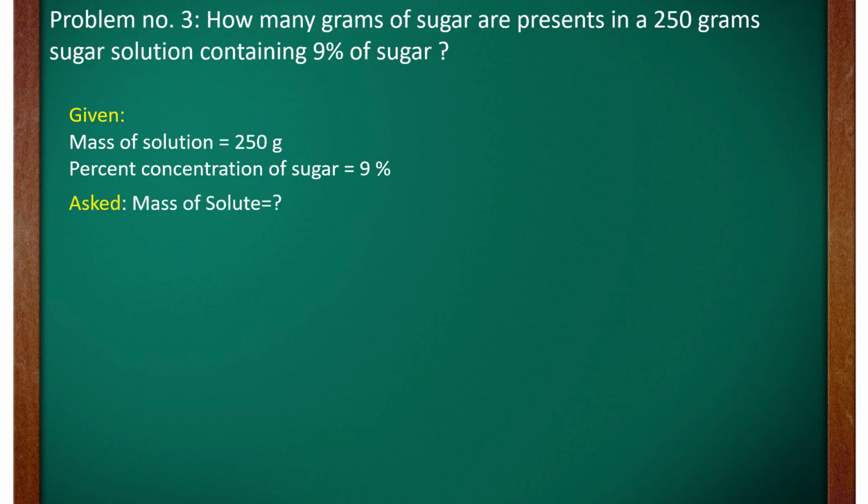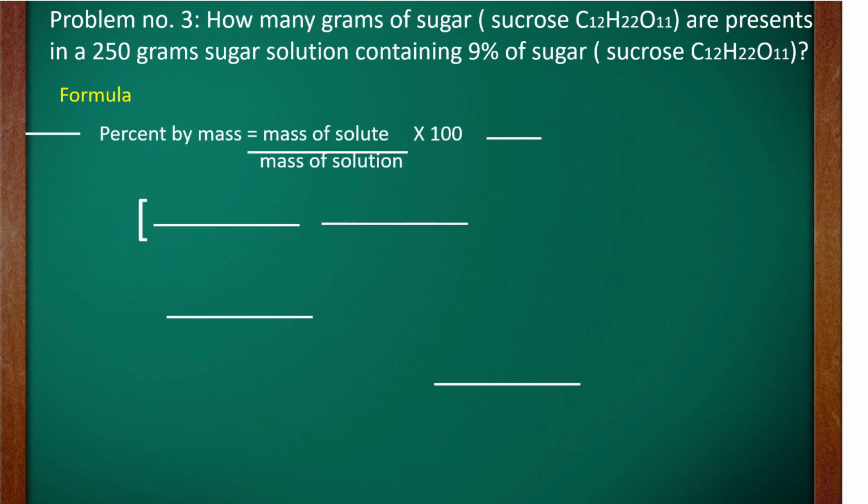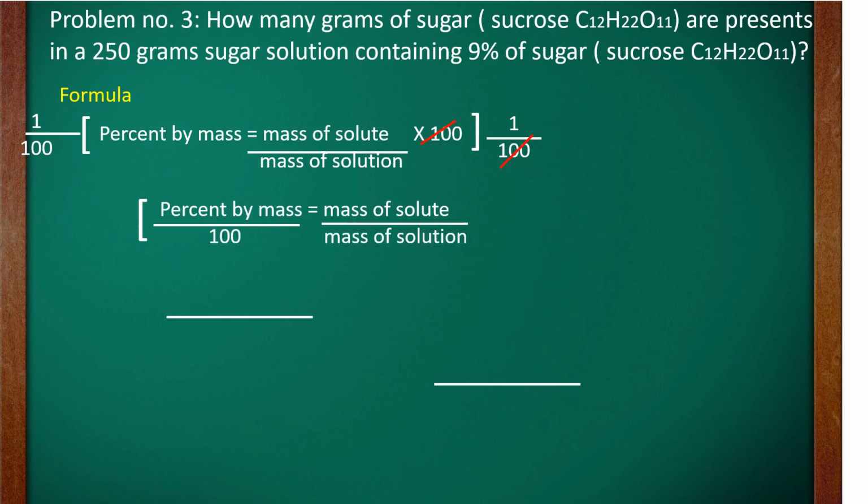This time, mass of solute is being asked. Now, let's derive a formula from the given formula. Since we are looking for the mass of solute, we simply multiply both sides by 100, then cancel 100. So we arrive at this.